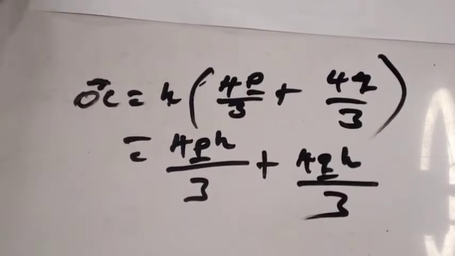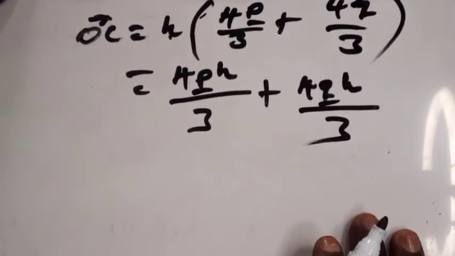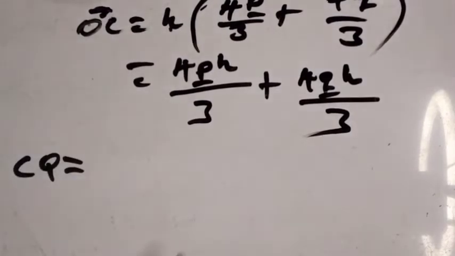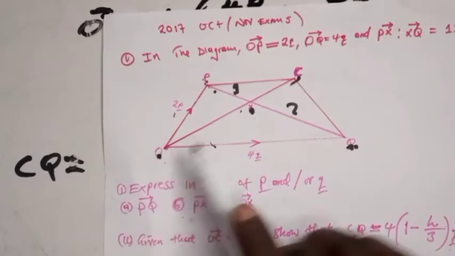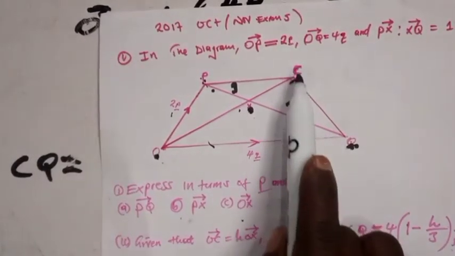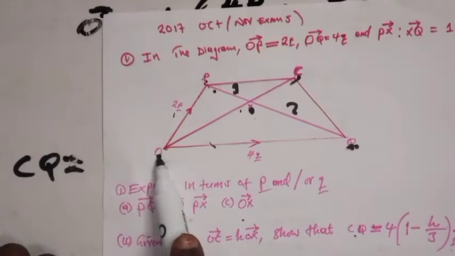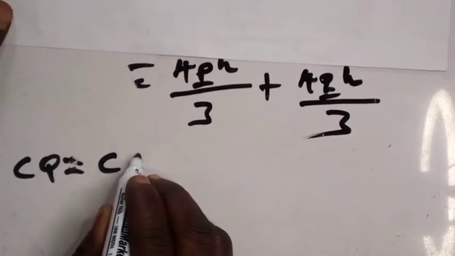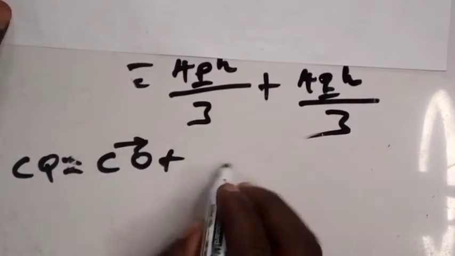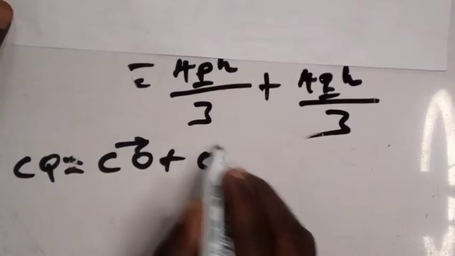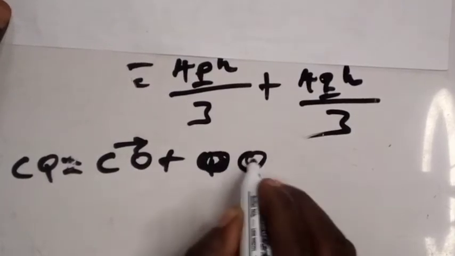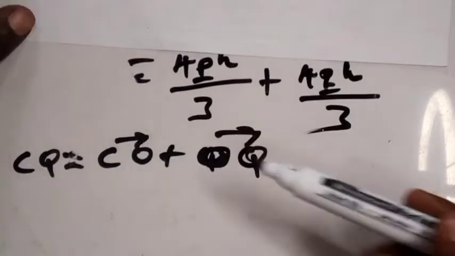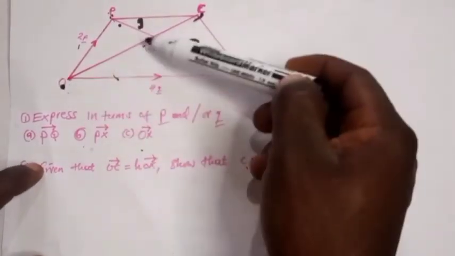Then let's find CQ now. CQ, it's easy: CO plus OQ. Because we are moving in different directions, OC is negative.